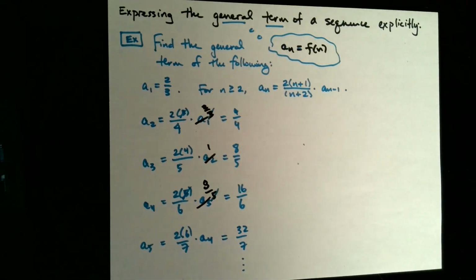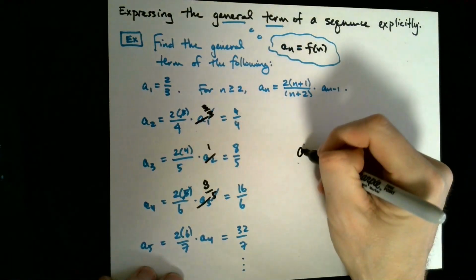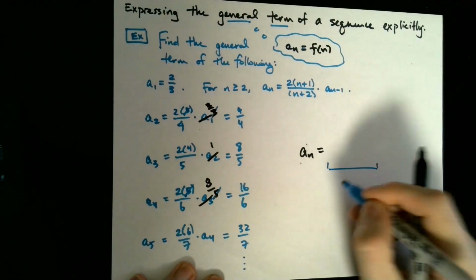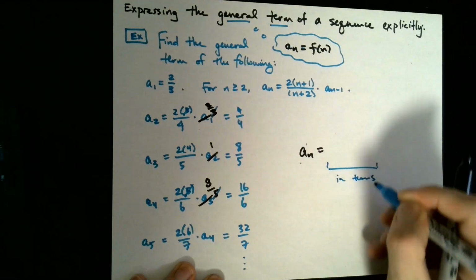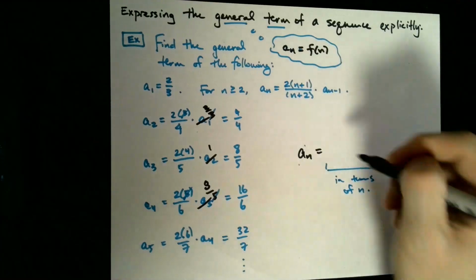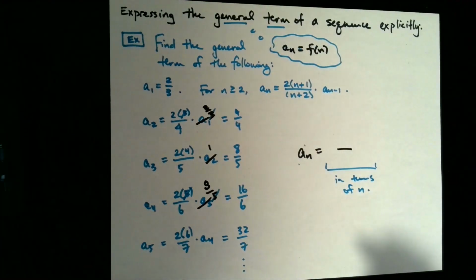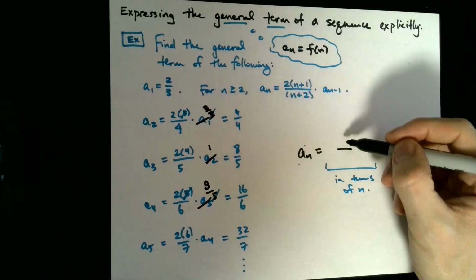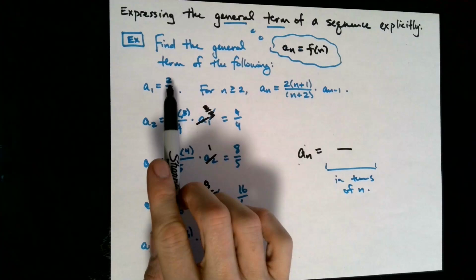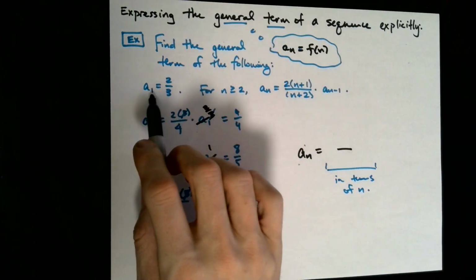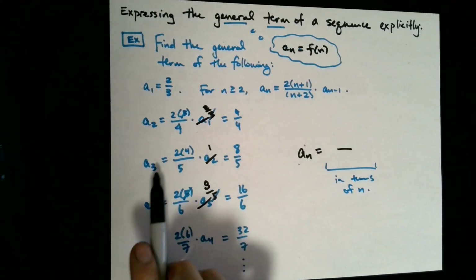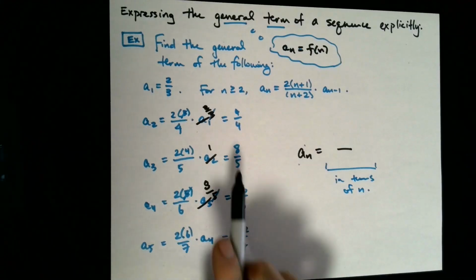So now, what do we need to do? We need to ultimately get an expression where everything over here on the right-hand side is just in terms of n. When you think about this, you know that a_n is going to be a fraction. And what's upstairs is a multiple of 2. Note, 4 is 2 times 2, 8 is 3 times 2.